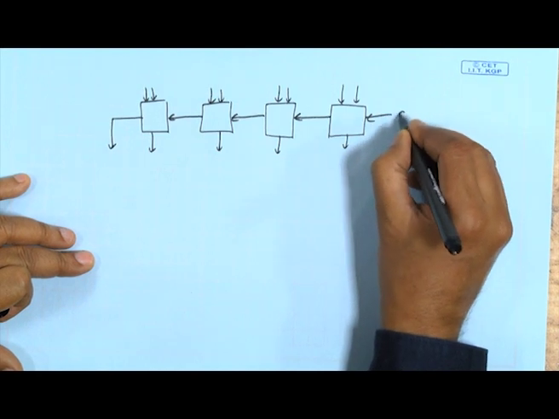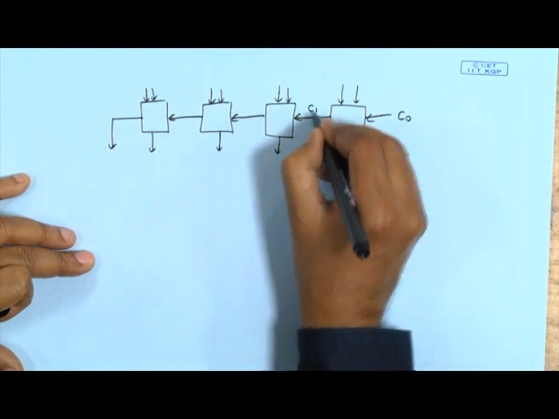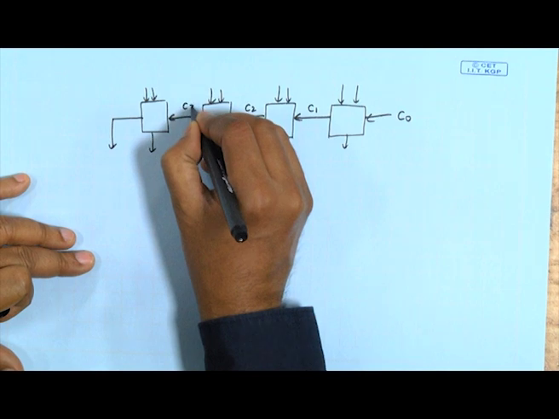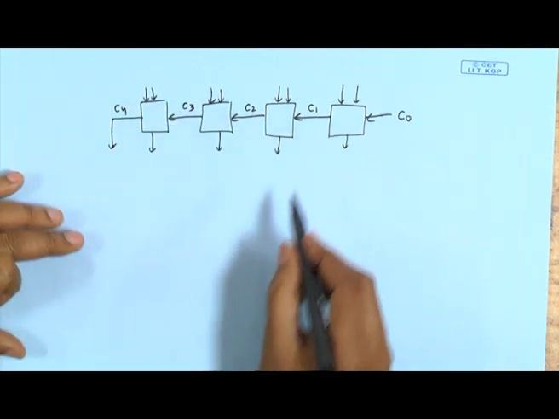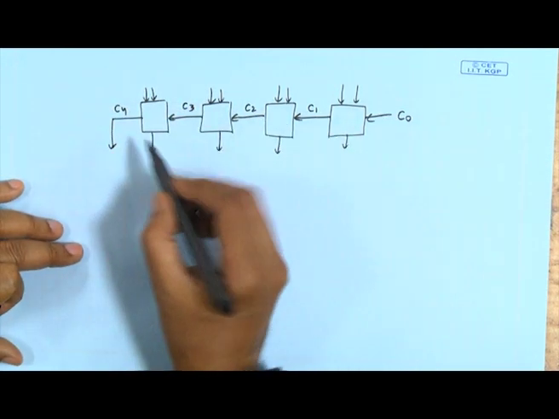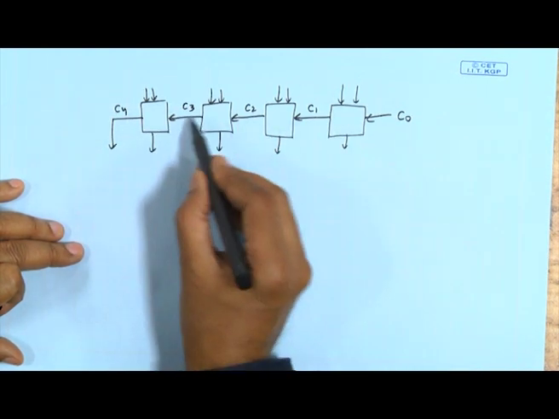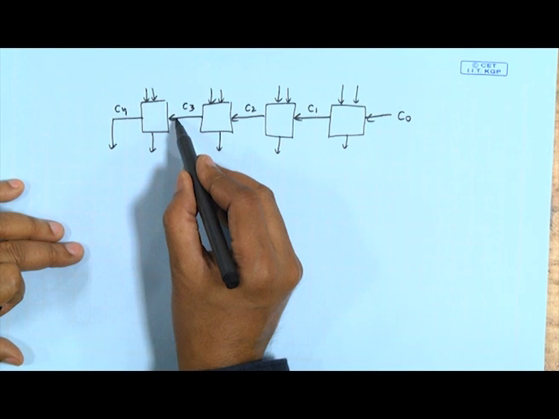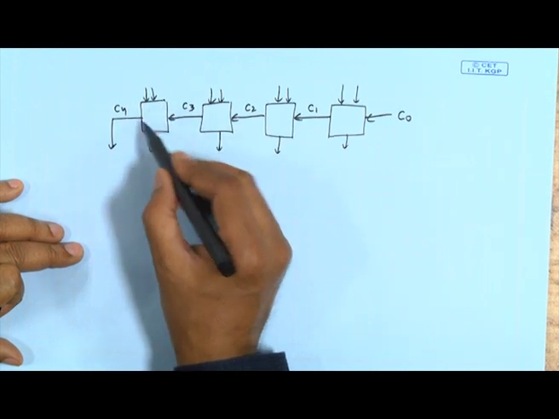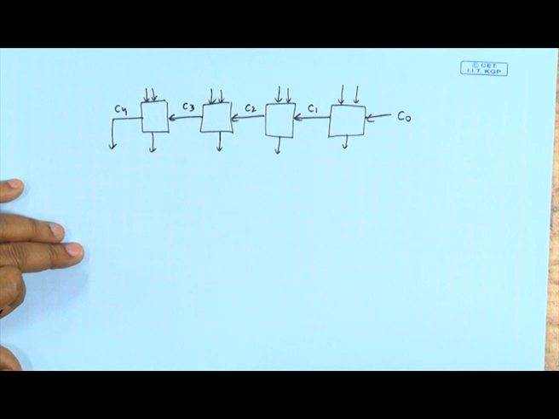So, if this was your input carry C0, so C1, C2, C3 and C4. Now, because of the rippling effect of the carry, these full adders had to wait till the carry input was available, and only then could they do the computation and generate the sum.